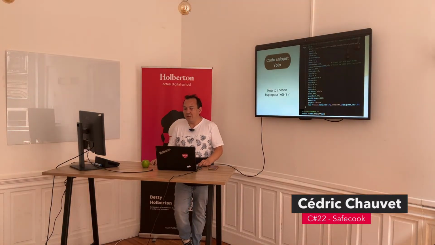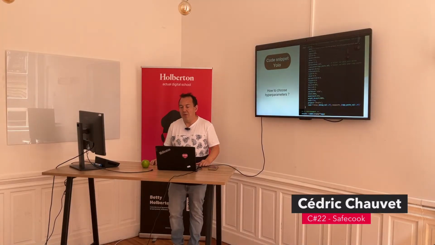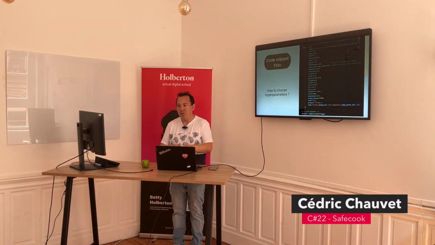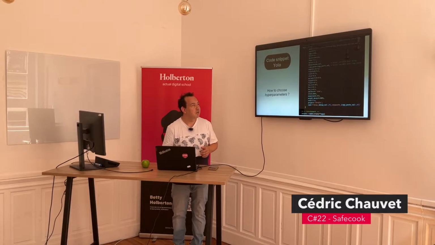For the mandatory code snippet, I chose the hyperparameters. In fact, you have a model, YOLO, and when you train it, you have several parameters you have to choose. They are called hyperparameters.